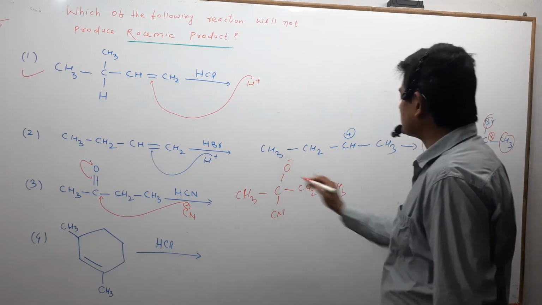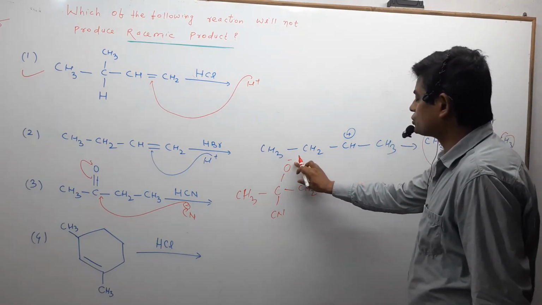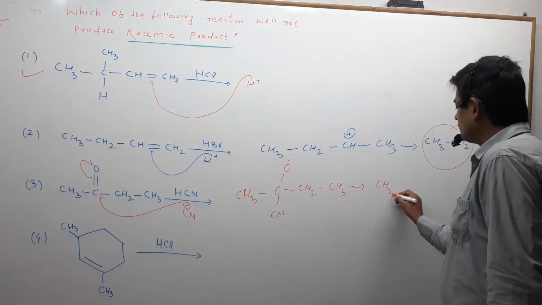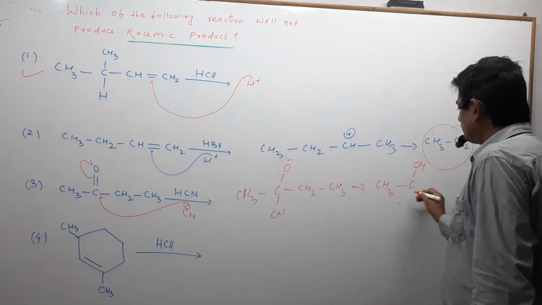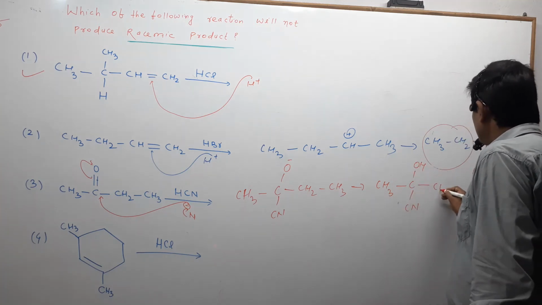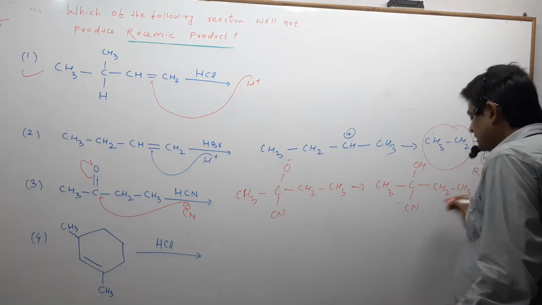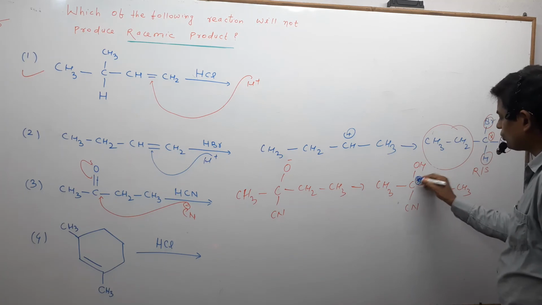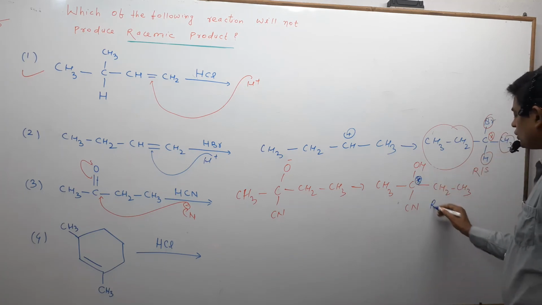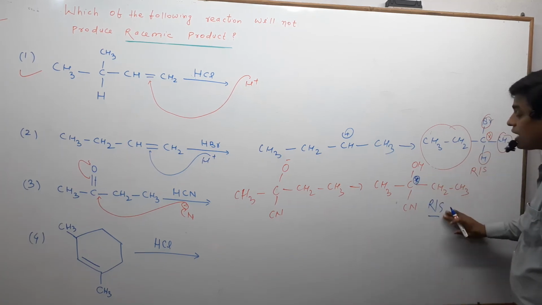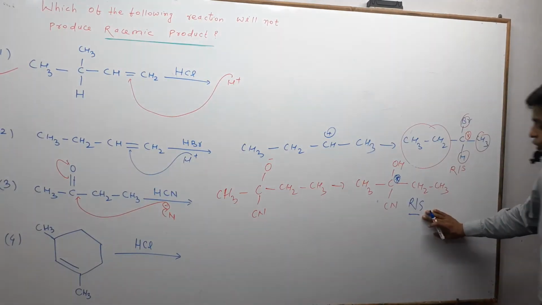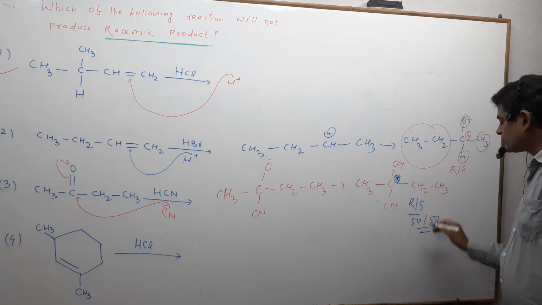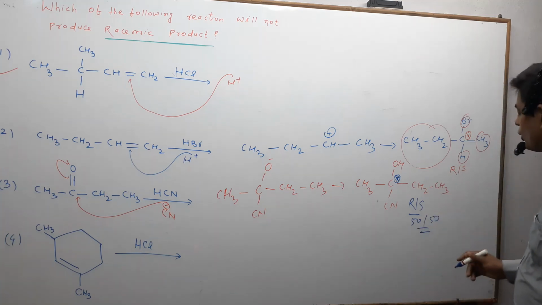Now the H plus will attach at this oxygen and the negative charge will be removed. We can see that here this carbon is a chiral carbon because all four groups are different. So it also forms R and S product, and both will be in equal amount, that means 50-50%. So it forms a racemic product.